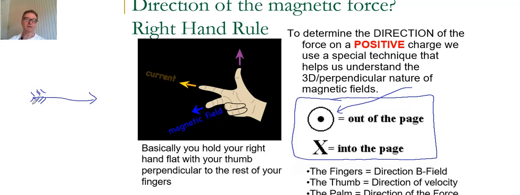I've drawn an arrow on the left-hand side of the screen. If you had an arrow coming at you, what would you see? You would see the point of the arrow, which is exactly what you see if the thing is coming out of the page. So if the arrow is coming at you, you would see a dot. If the magnetic field, for example, is coming out of the page at you, it's going to be depicted with a dot. If it's going into the page, it's going to be a circle with an X in it.